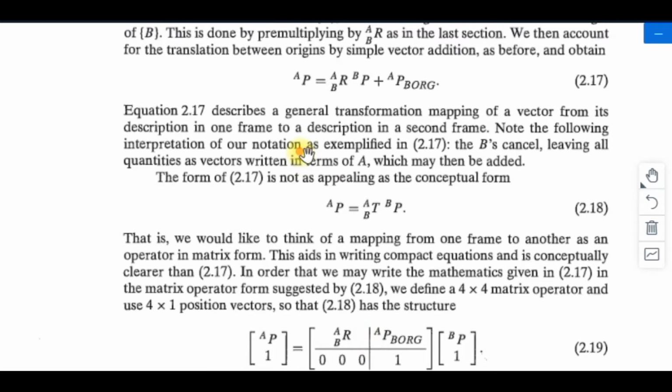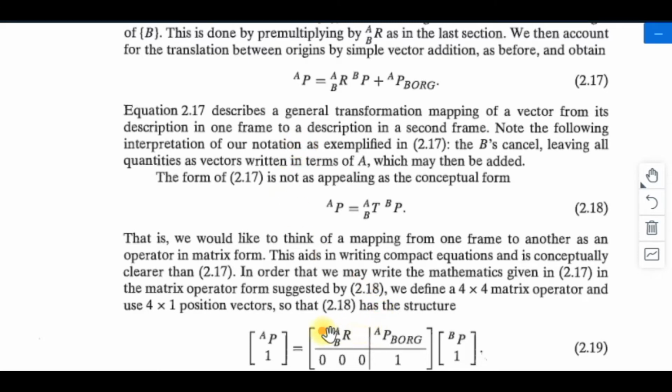Look at here, a 4 cross 1 matrix is introduced. Previously we considered a 3 cross 3, now it's a 4 cross 4 matrix.